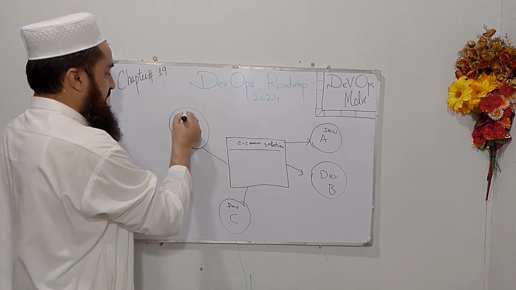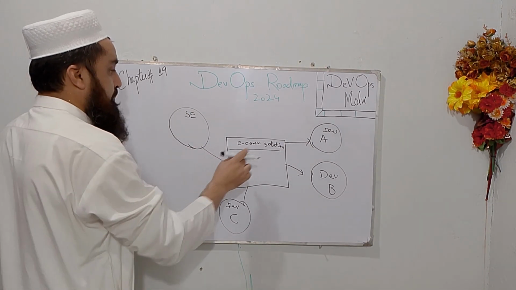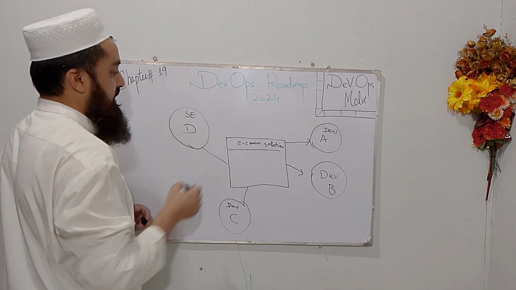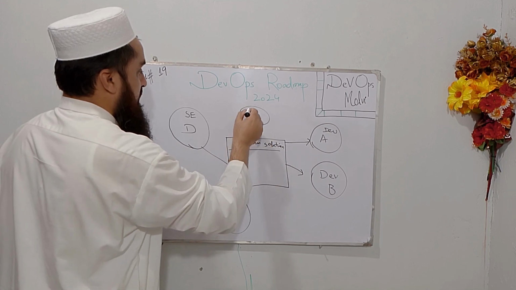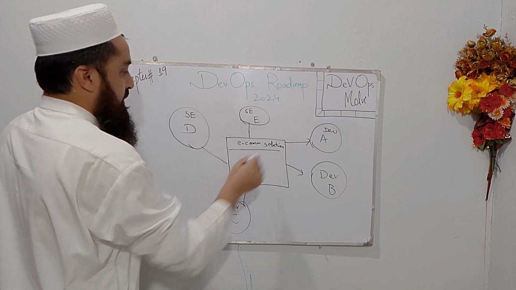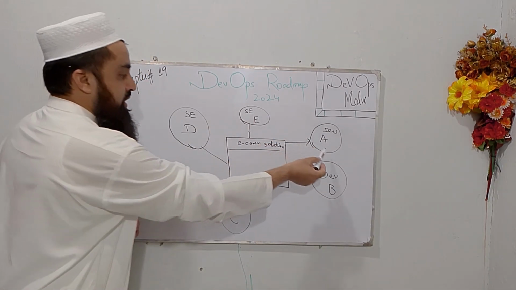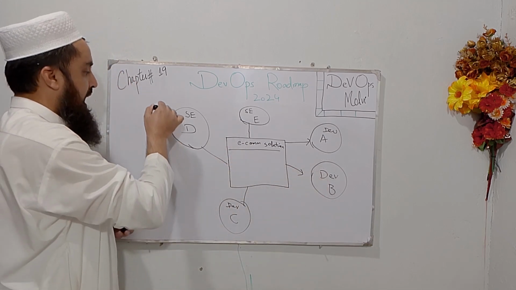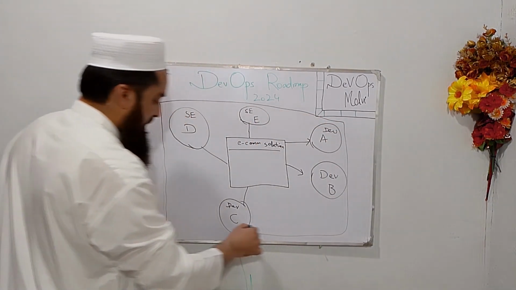For instance, he is a software engineer and he is also working on the same project with the development team, and he is D. There is also another person, a software engineer, who is working on this project. So for instance, there is a total team of 5 developers and engineers working on that project, and this team is led by a development manager.